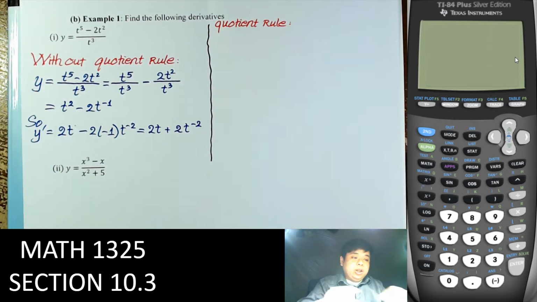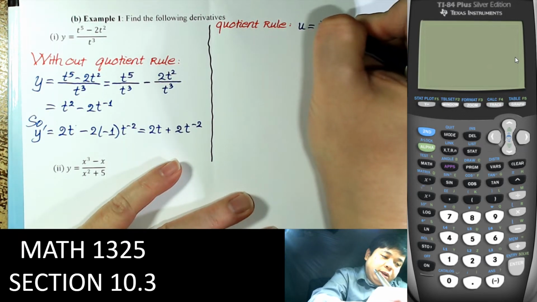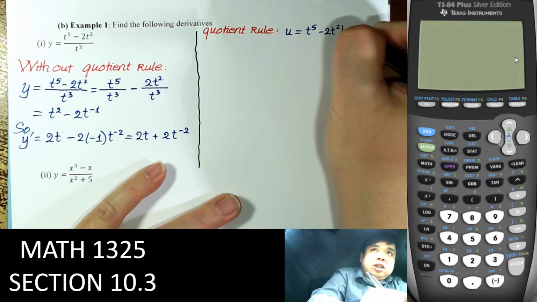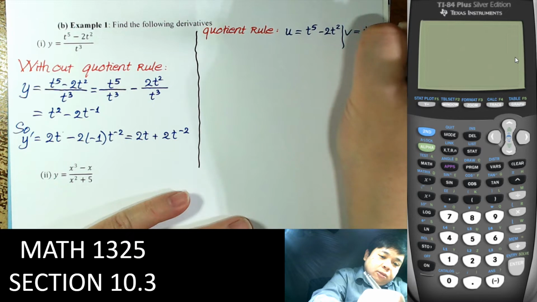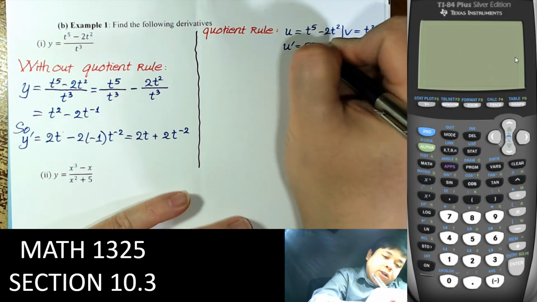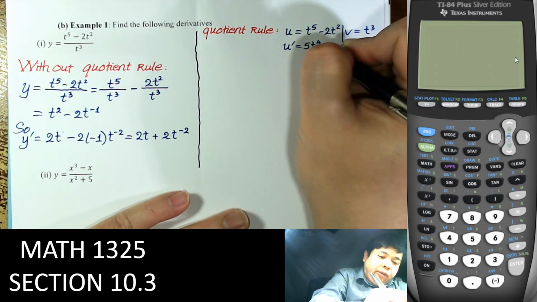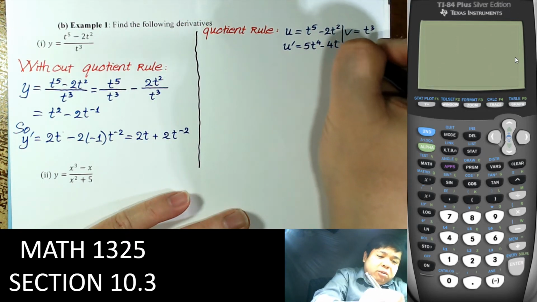For that we need u and v. U is t to the 5th minus 2t squared, and v is t cubed. So u prime is 5t to the 4th minus 4t, and v prime is 3t squared.